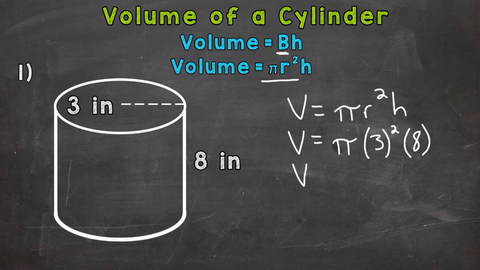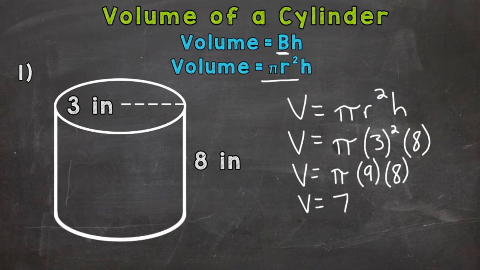So time to simplify and work our way down to the final answer. So we will do one step at a time here. So 3 squared would be first, which means 3 times 3, and that gives us 9, times the height of 8. So next step, we could do 9 times 8, which is 72, and we multiply that by pi.